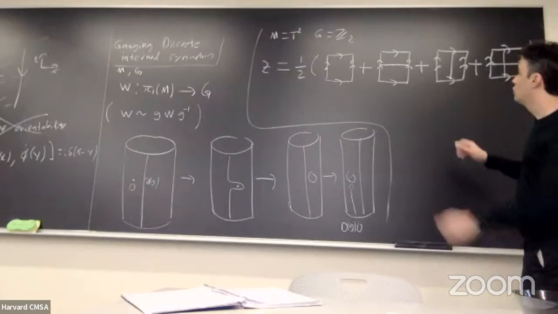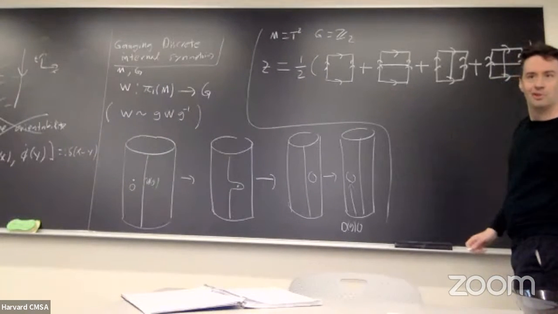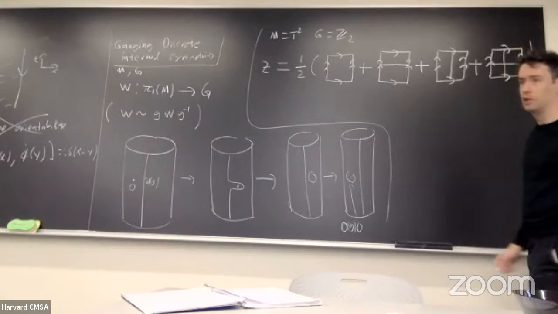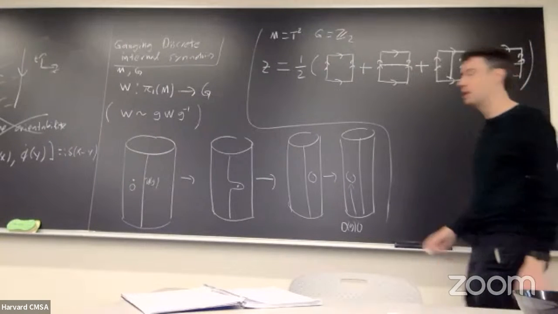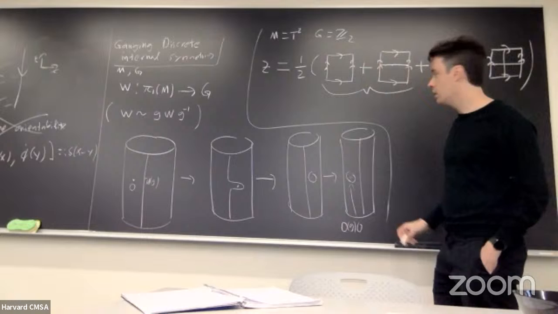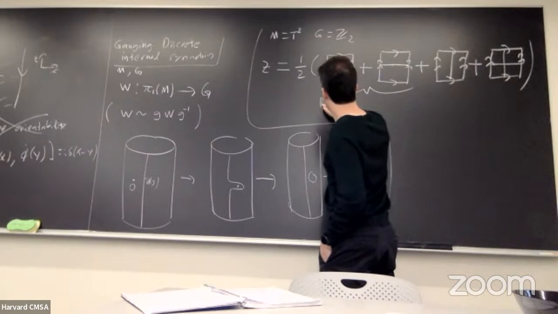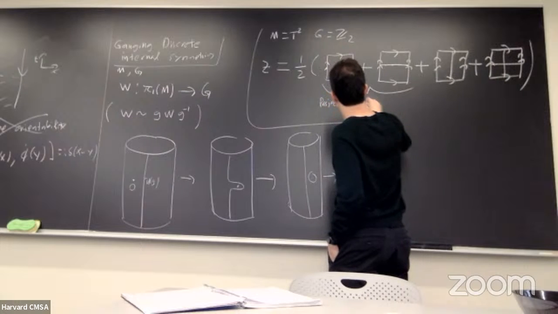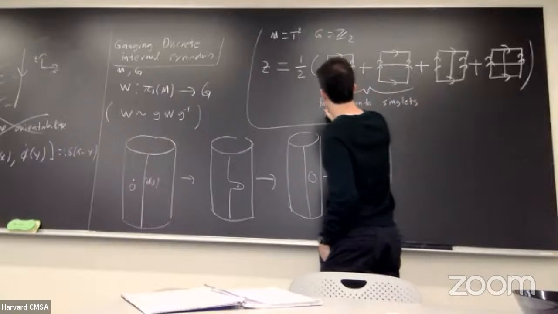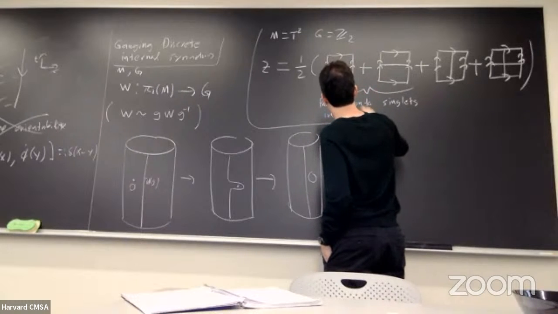Okay, so this is, if you like, the path integral description of gauging. Now it's going to be useful for us to also have a Hilbert space language. So let me say that. These two terms give a projection onto singlets in the ungauged theory.